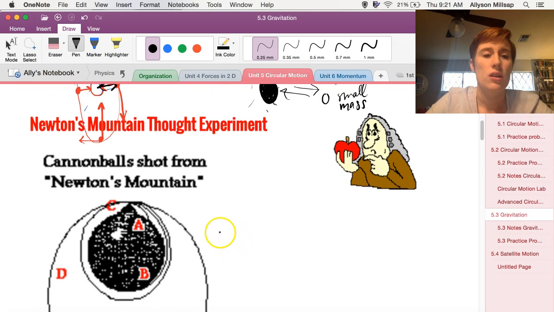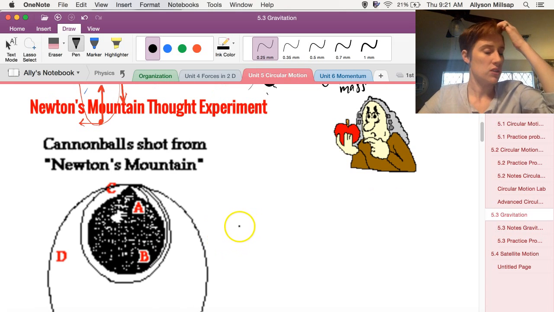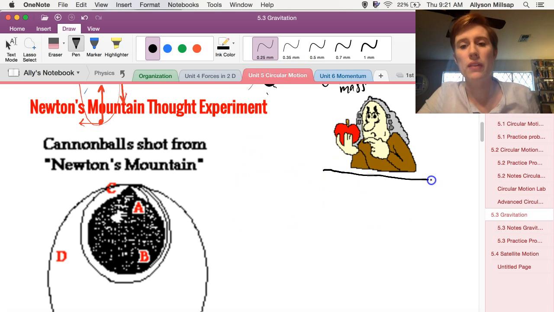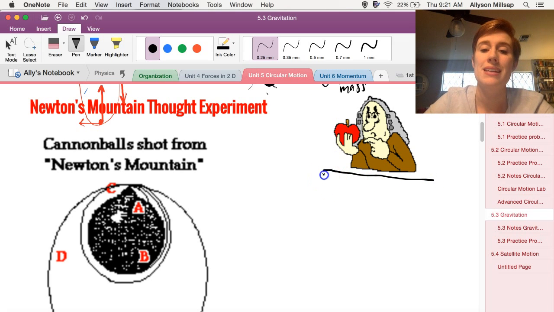So Newton kind of came up with this concept of gravity, and Newton never wrote about this, but it's kind of like an old tale that Newton discovered gravity or realized the effects of gravity when he was sitting in his orchard one day when he was 25 years old.